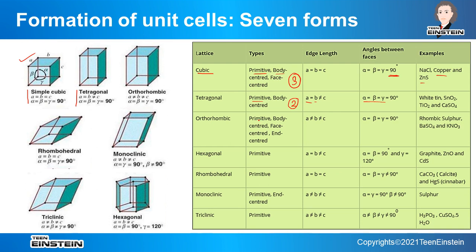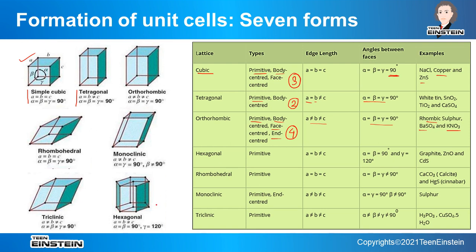Now under orthorhombic there is primitive, body centered, face centered, end centered. So it's total 4 types. Here all the edges are different, but all the angles are same. Okay. Example, rhombic sulfur. This is one allotrope of sulfur. There are different types of sulfur: monoclinic sulfur, rhombic sulfur. So this is rhombic sulfur because it has orthorhombic structure. From that structure the name is rhombic sulfur. Barium sulfate, KNO3.